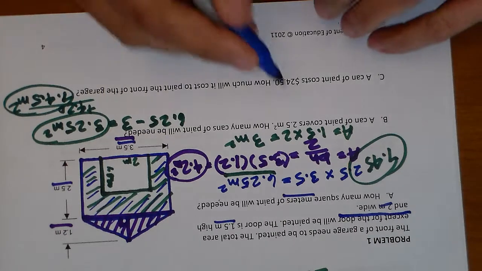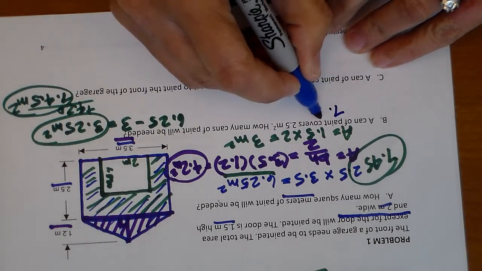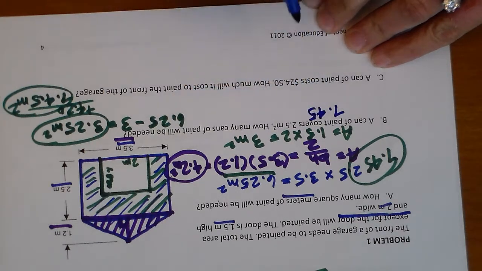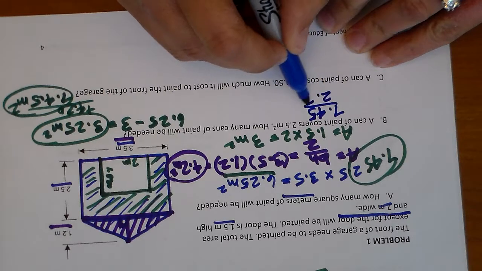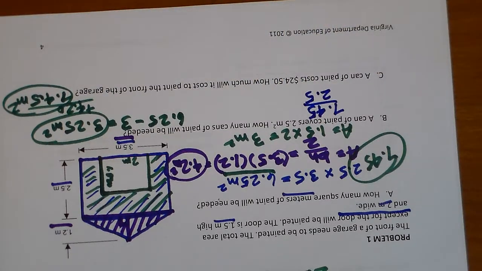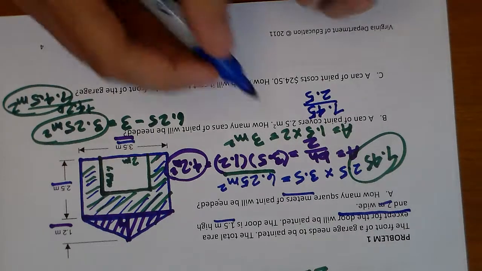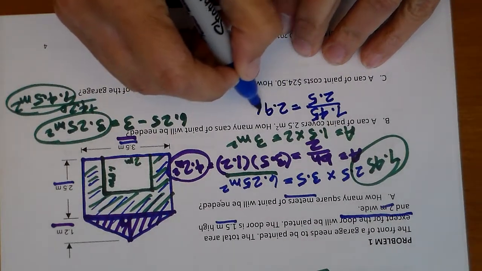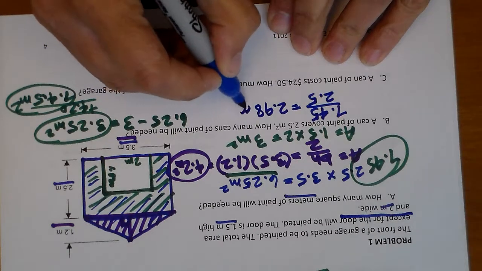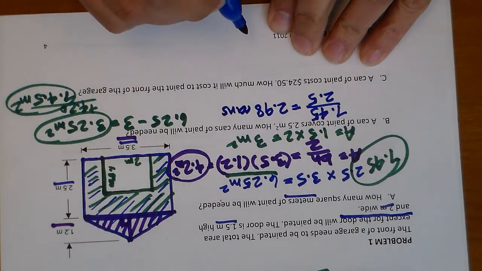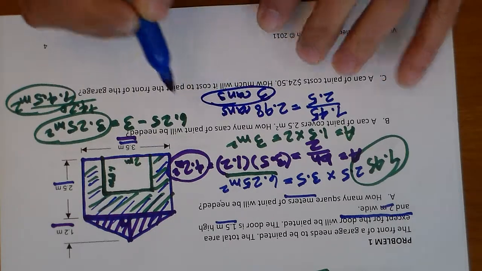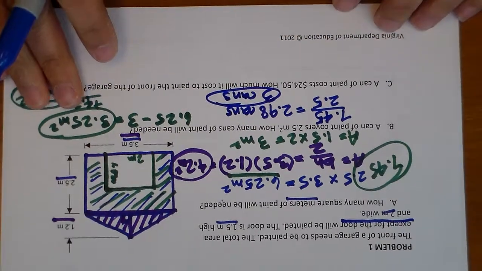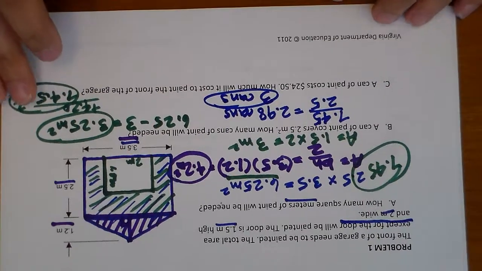Well, if we're needing to paint 7.45 square meters and each one covers 2.5, then we're going to take 7.45 and divide it by 2.5, which is going to be about 2.98 cans. Now, can we have 0.98 of a can? No, so that means that we actually need 3 cans. You can't walk into Lowe's and say, can I have 0.98 cans of paint? You have to get a full can.